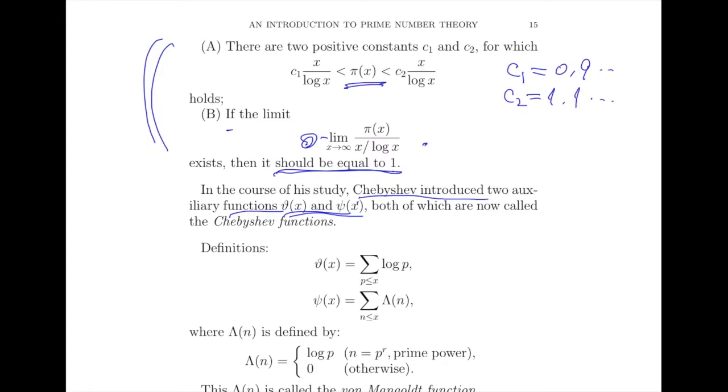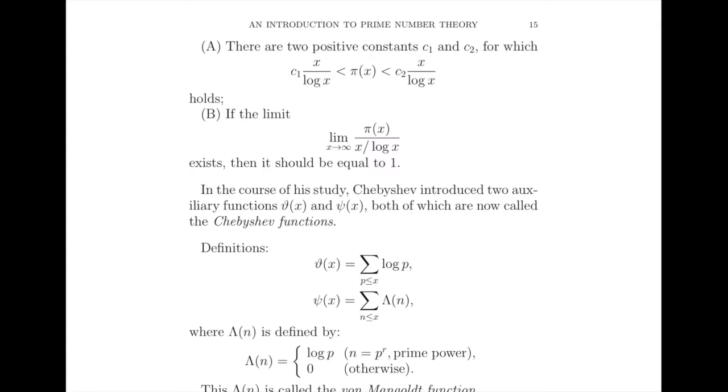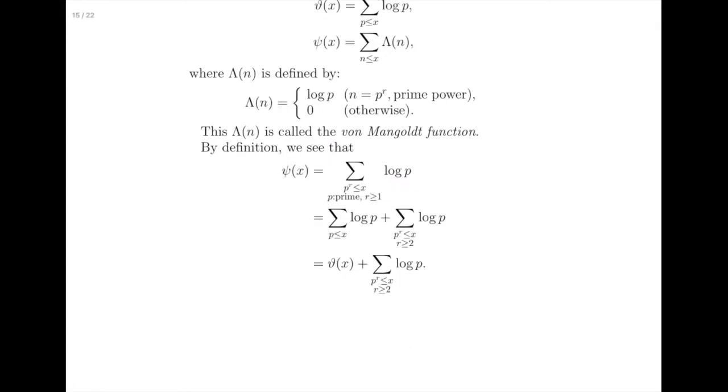The definition is like this. Theta(x) is the summation of log p, where p ranges over all prime numbers up to x. And psi(x) is the summation of lambda(n), where lambda is the so-called von Mangoldt function, defined as follows. Lambda(n) takes the value log p if n is a prime power p to the r.